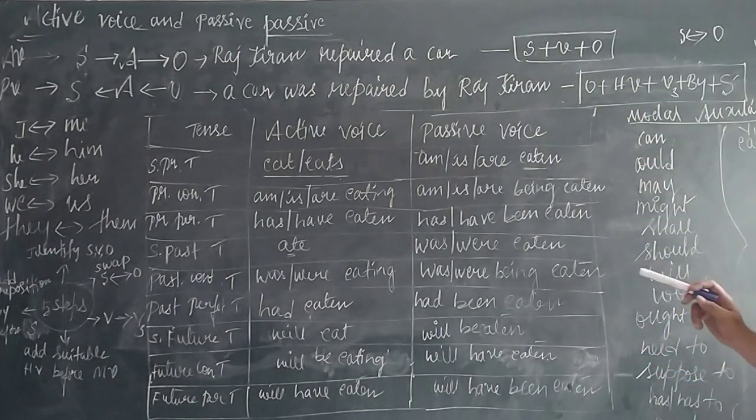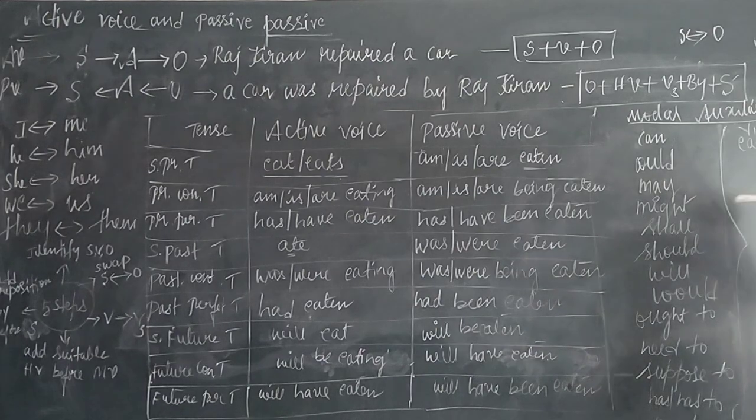So apart from this, in active voice, if you have any modal auxiliary verbs or any helping verbs, we need to add "be" in the passive form. If in active voice it is "can," it becomes "can be." If it is "could," it becomes "could be." May becomes may be.